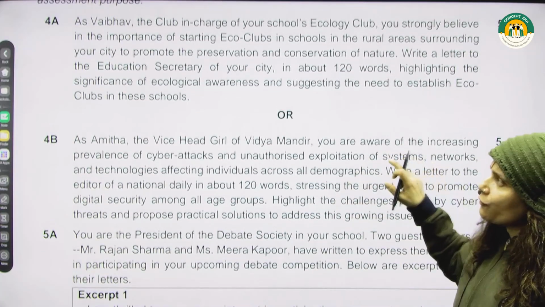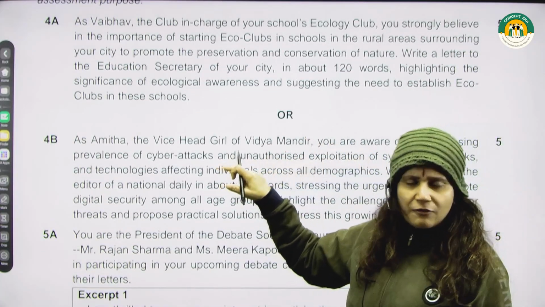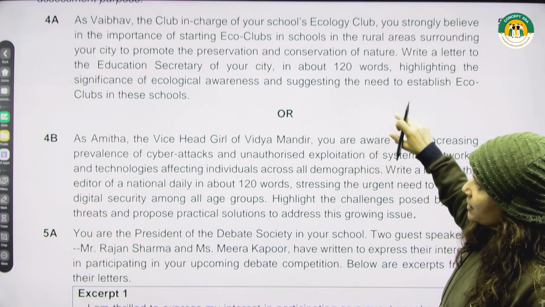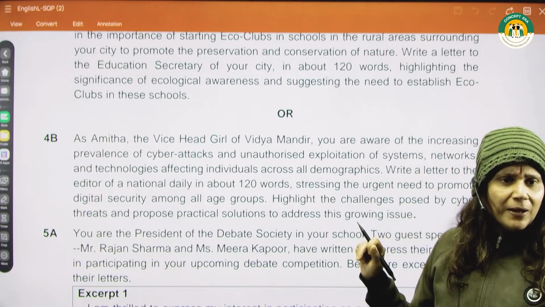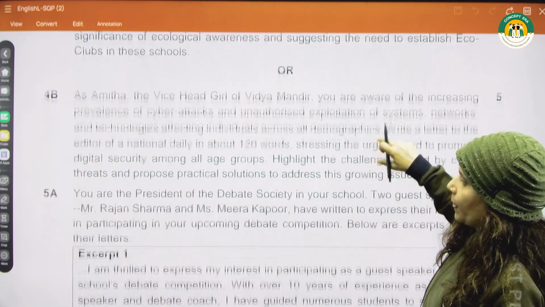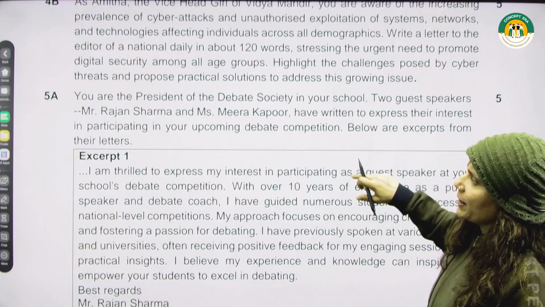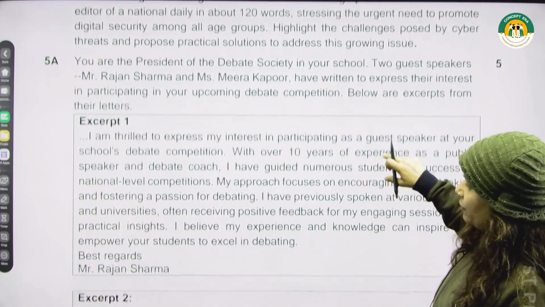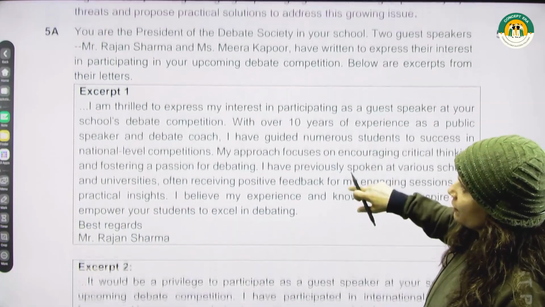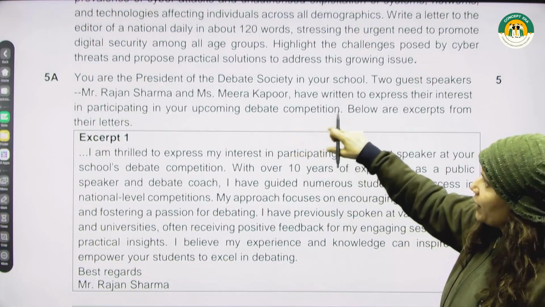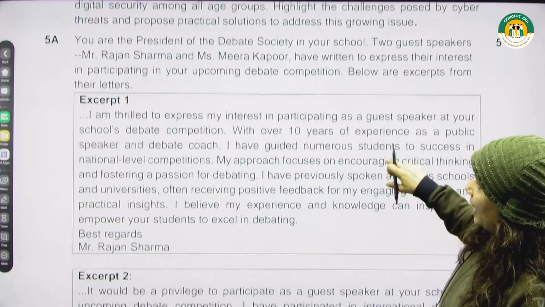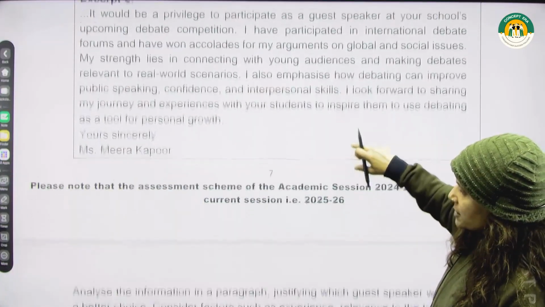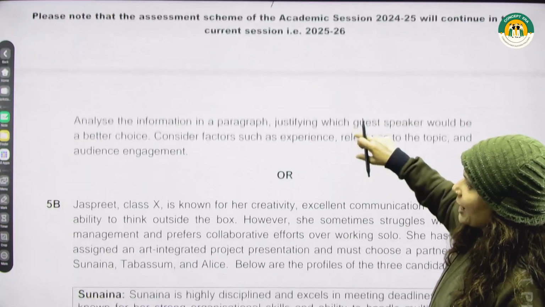So question number 4, where the internal choice is given in the form of 4A and 4B, and this is letter writing, the child can attempt any question. When we come to question number 5, even in question number 5, the internal choice is given in the form of question number 5A and question number 5B.